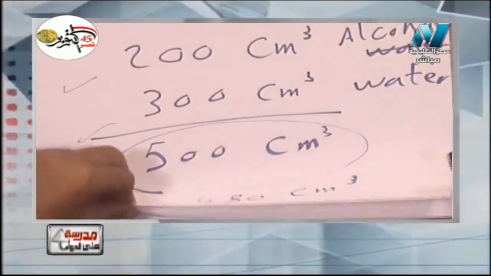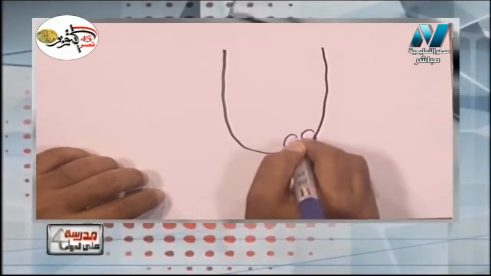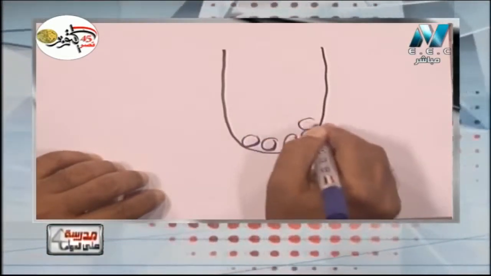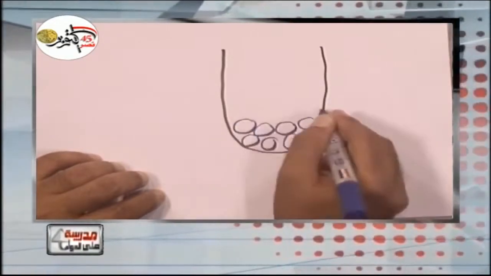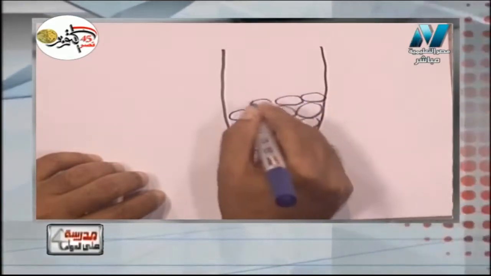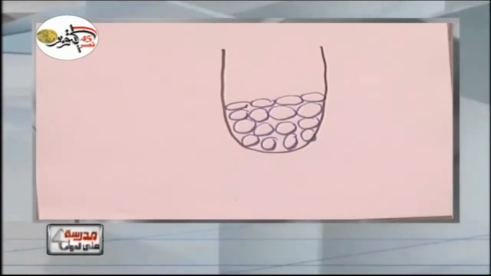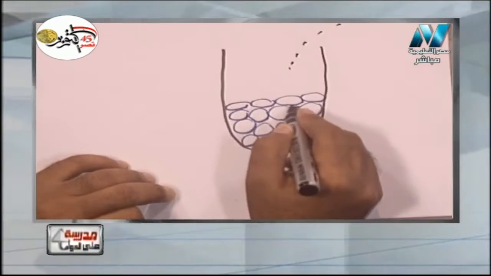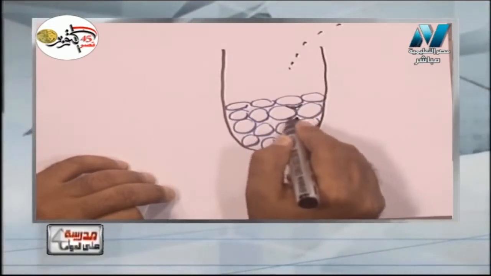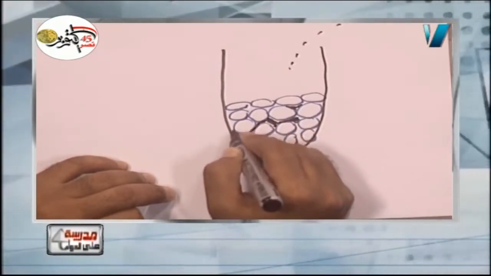The answer will be like that. These are the molecules of water, 300 cubic centimeter. When we put ethyl alcohol, some molecules of ethyl alcohol go to fill the intermolecular spaces, the spaces between molecules of water.